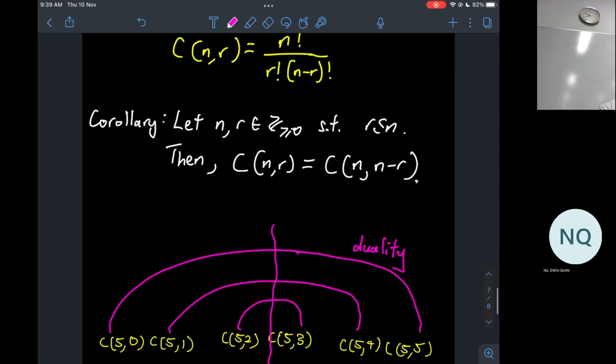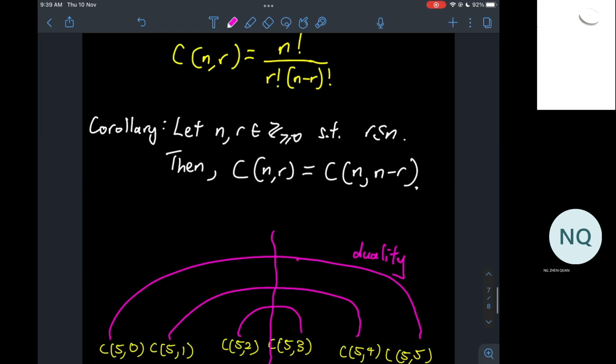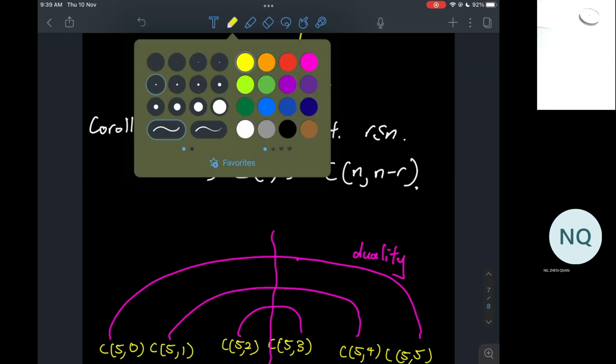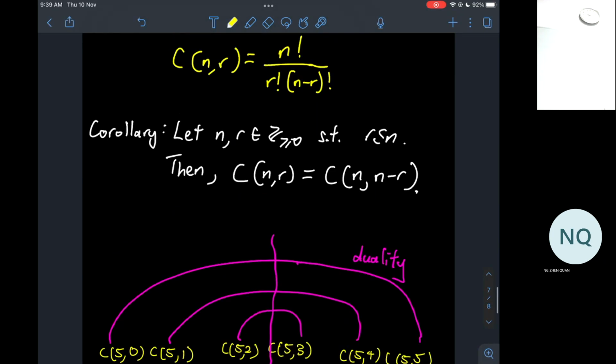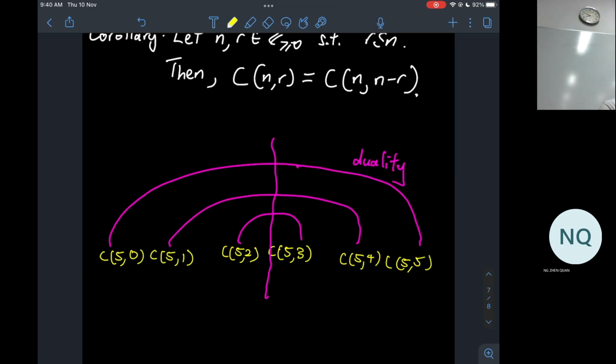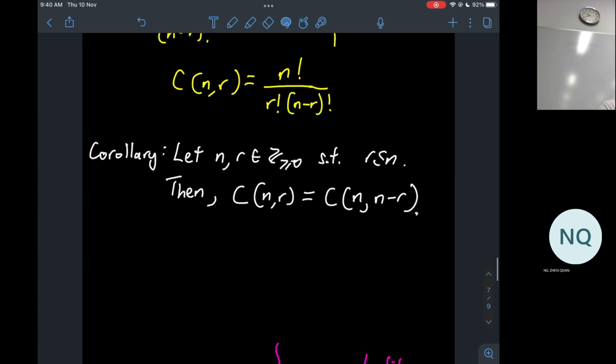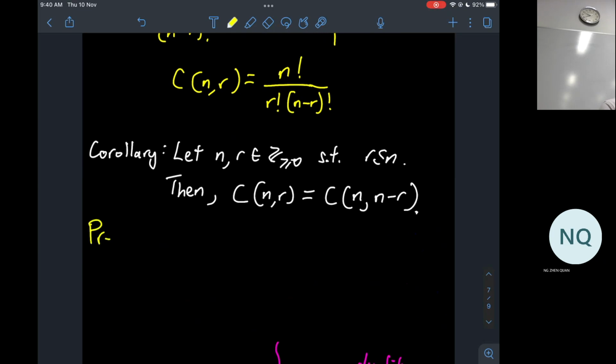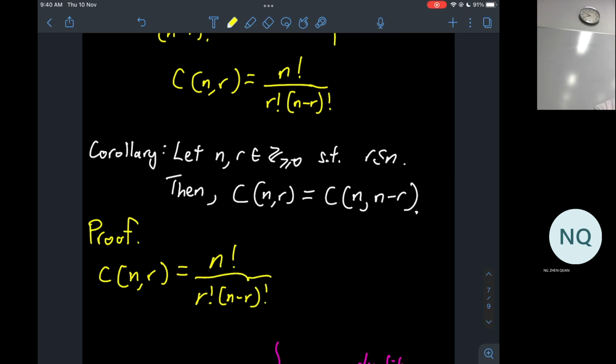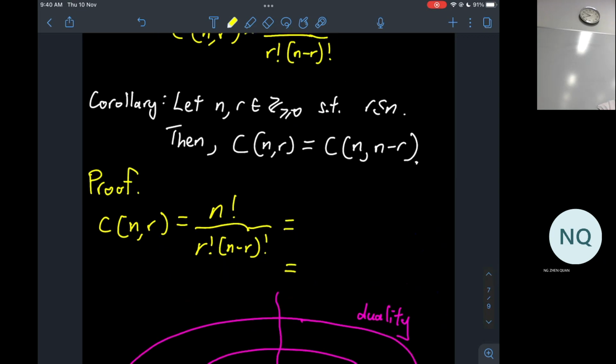This is something I use in my research. So if you stare at this formula long enough, can you see how this is true? Proof. Anyone see why it's true?